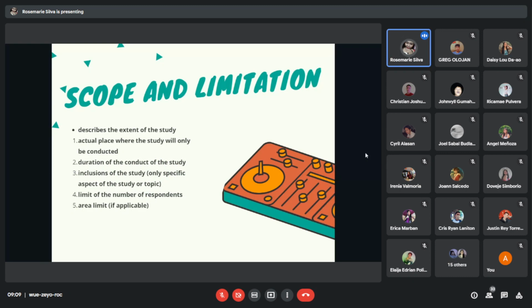Scope and limitation describes the extent of the study. It is the actual place where the study will be conducted, the duration of the study, inclusions of the study, only specific aspects of the study or the topic, limit of the number of respondents, and then area limit if applicable.